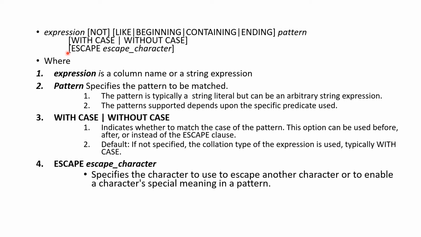So this is the query. It can be written like this, where expression is a column name or a string expression. Pattern specifies the pattern to be matched. The pattern is typically a string literal but can be an arbitrary string expression. The pattern supported depends upon the specific predicate used, with case or without case, whatever we want to use.